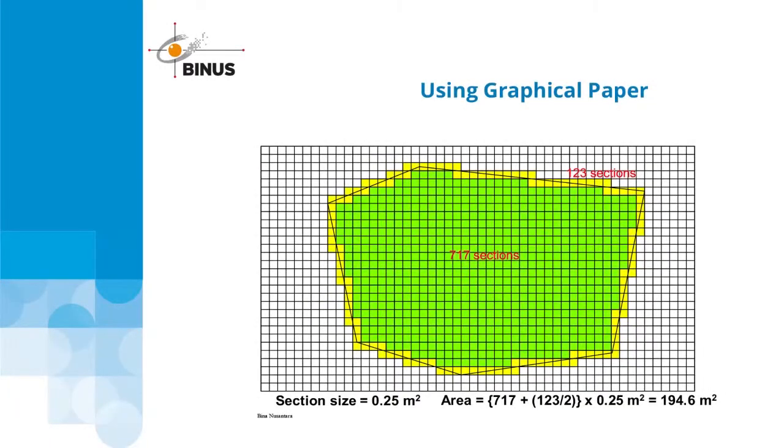Therefore, with the size of one full section equal to 0.25 meters square, the total area is 717 full sections plus 123 divided by 2 partial sections, multiplied by 0.25 meters square, which gives you 194.6 meters square, a more accurate value of the area measurement.